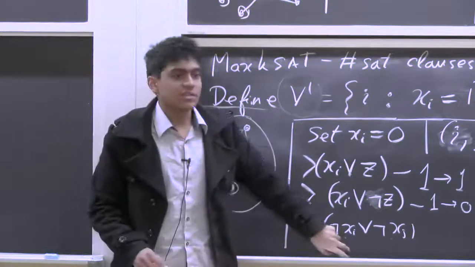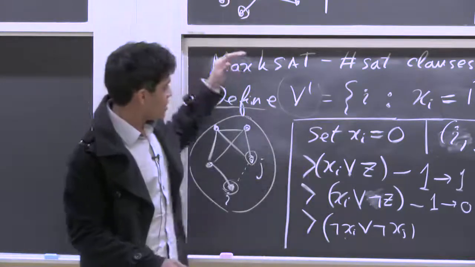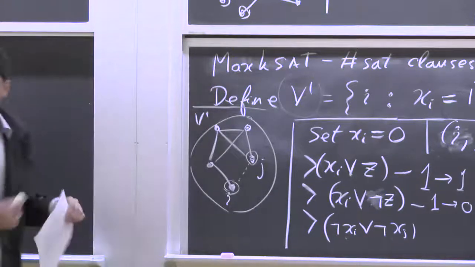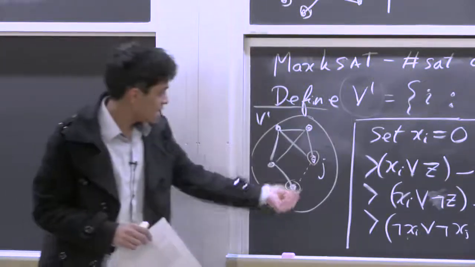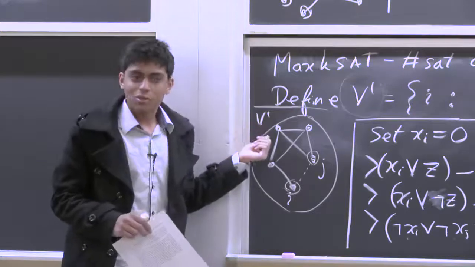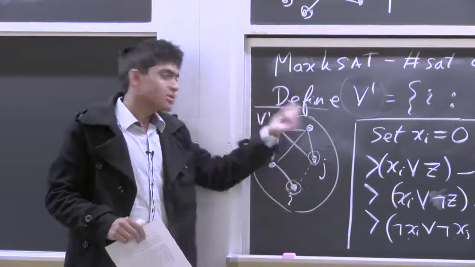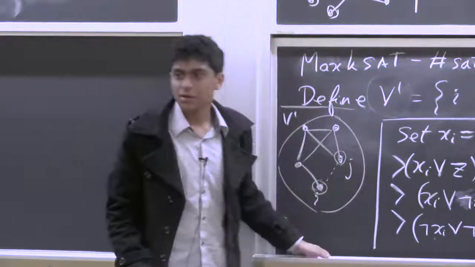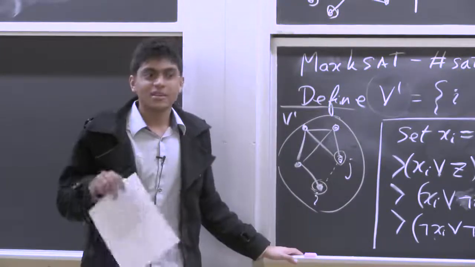So what was the value of this clause initially, in the original assignment? Note that i and j are both in V dash. What was the value of xi in the original assignment?